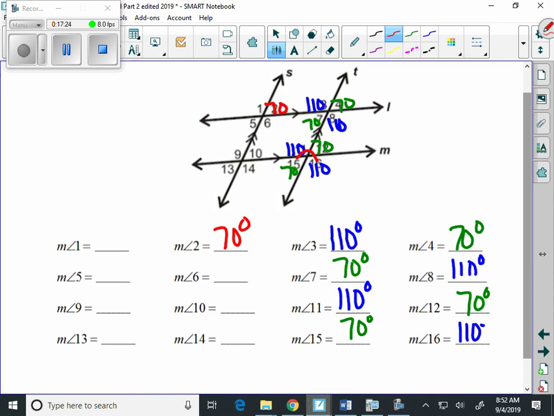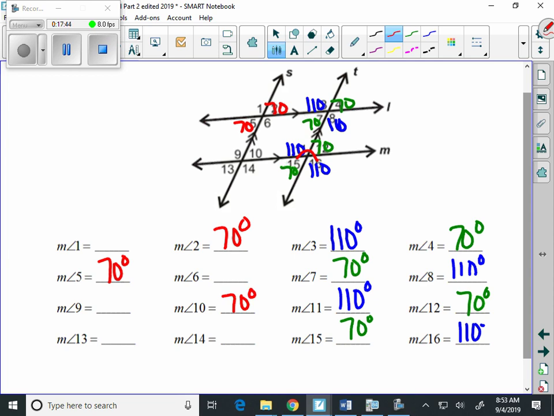Angle 2 is vertical to angle 5, so it is 70 degrees. Angle 2 is on the top and to the right of the transversal, so angle 10 is on the top and to the right of the transversal.